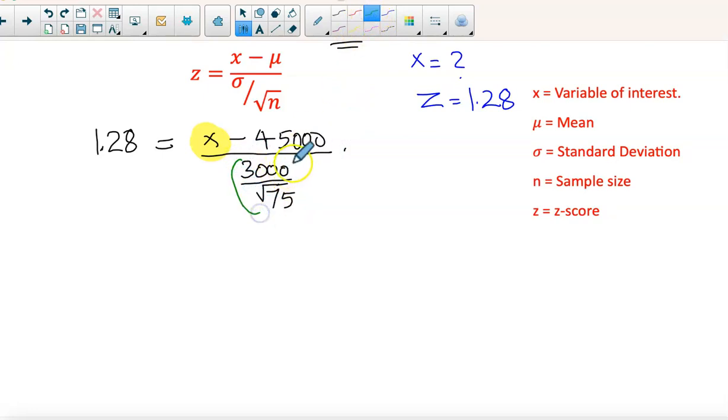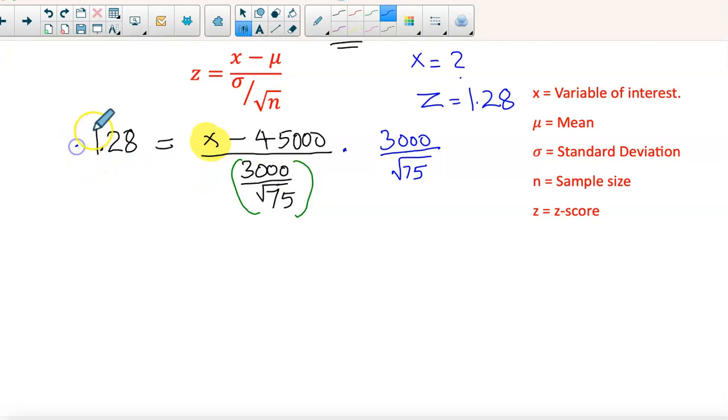We'll try to remove this 3,000 divided by square root of 75 from the denominator. As it is dividing here, what is the inverse operation? It is multiplication. So I will multiply both sides by 3,000 divided by square root 75.